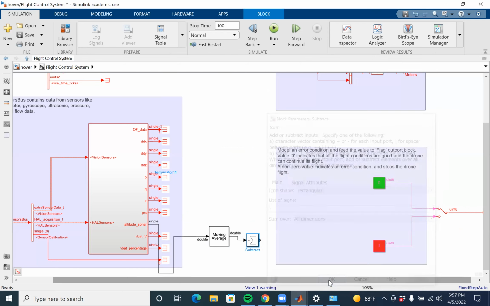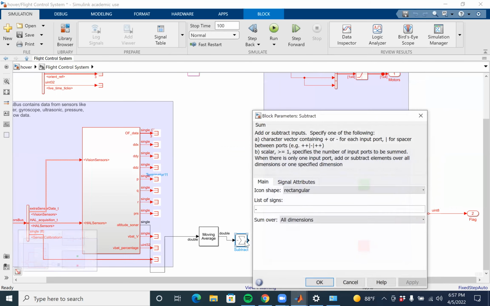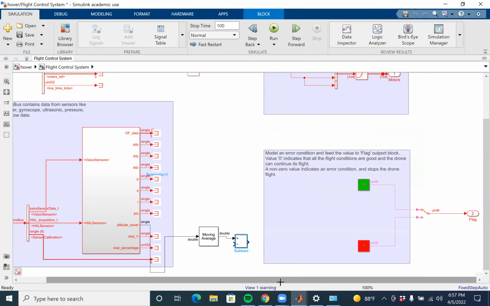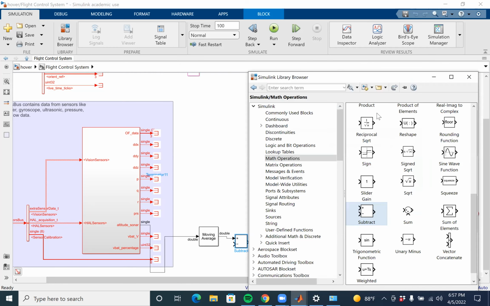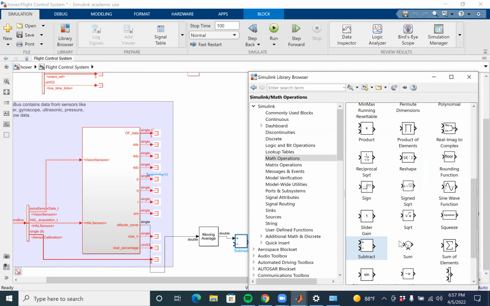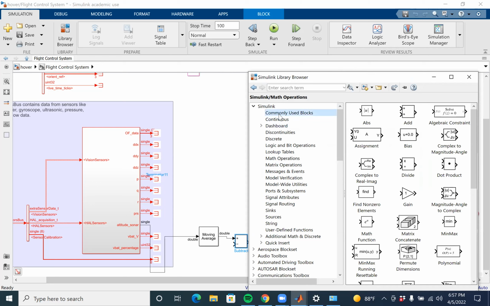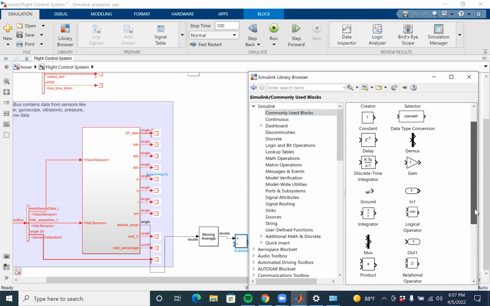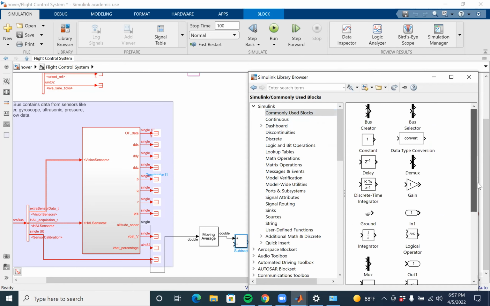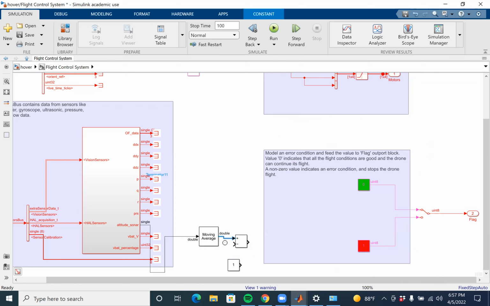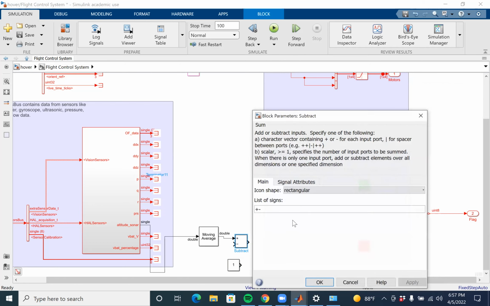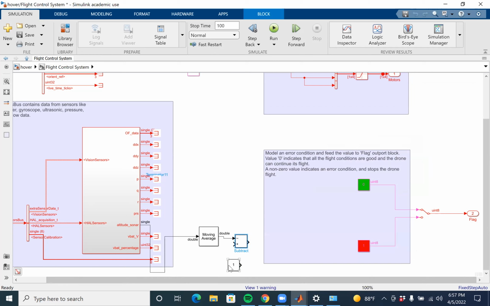Actually, yeah, add, subtract. And then I will go to library browser, get a constant value. So we want to actually subtract this value. So I will do minus plus, and I'm going to add this.